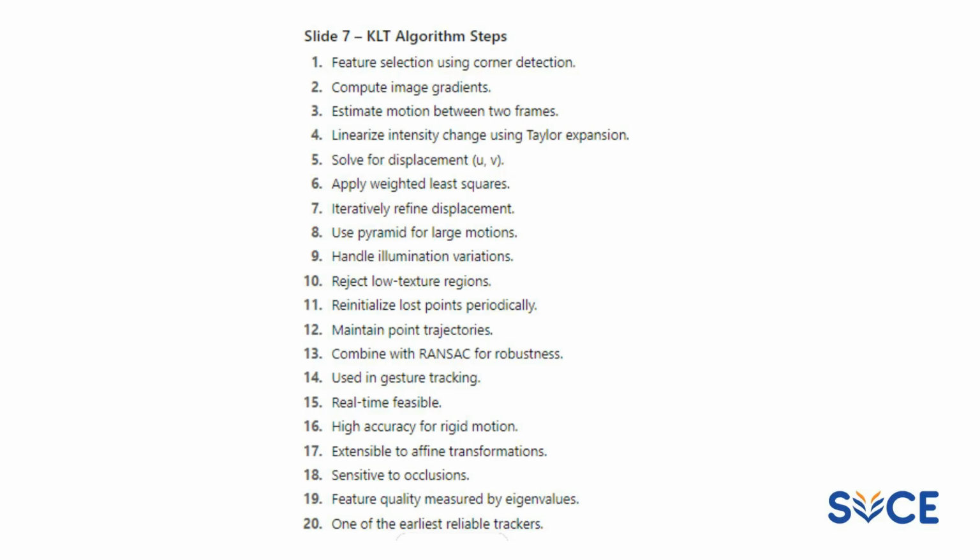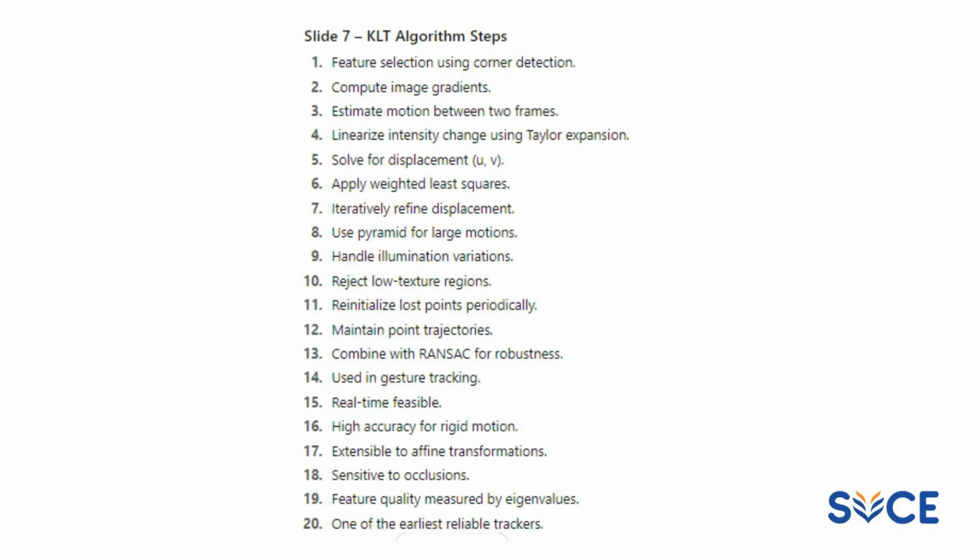We also saw that it assumes small motions and brightness constancy, and uses the image gradient to estimate the motion. Corner features are preferred for stability, and Shi-Tomasi and Kanade improve the feature selection too, computing the displacement using least squares.